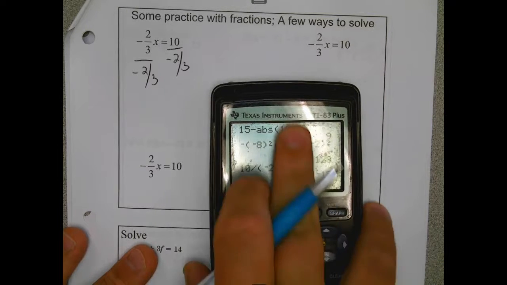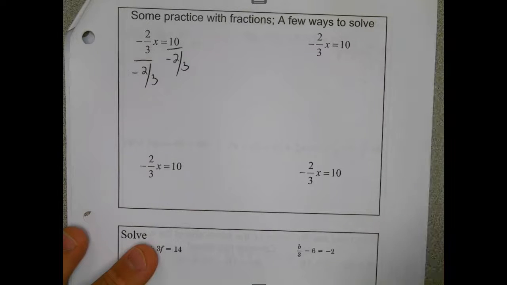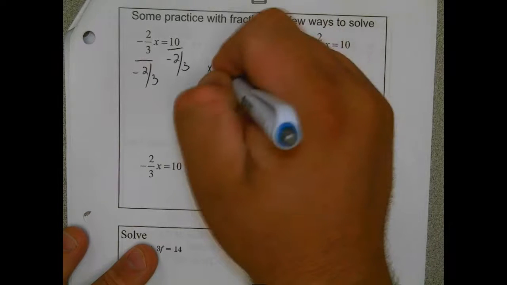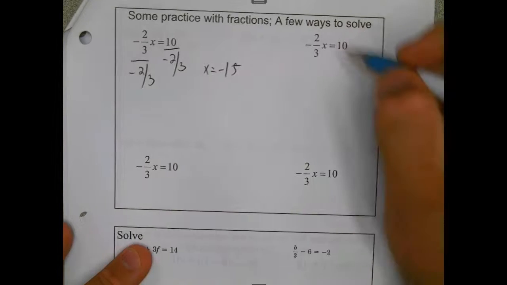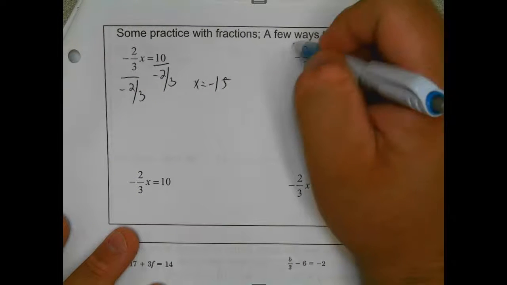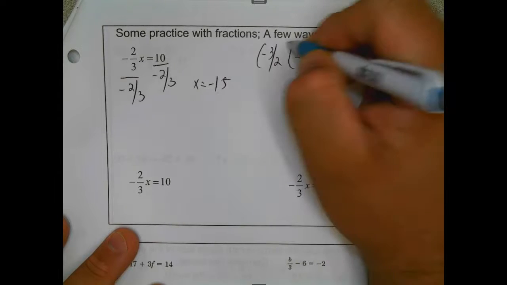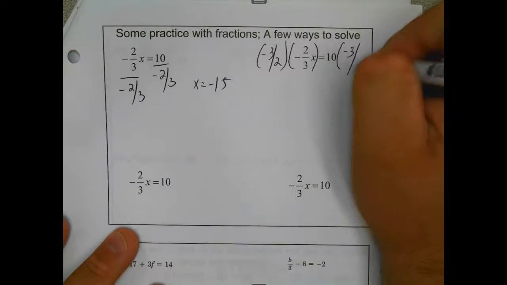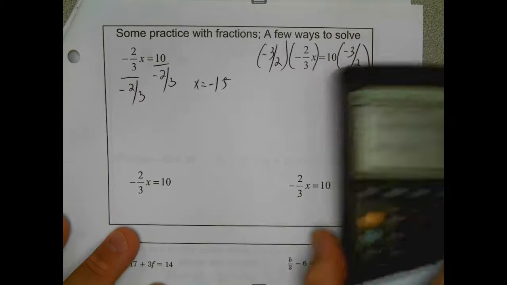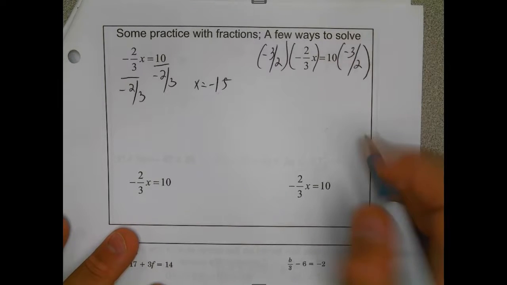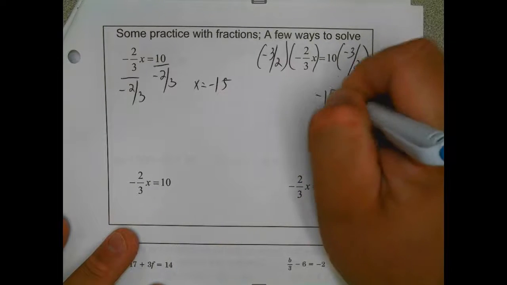It gives me negative 15. You can multiply, but if you multiply, you have to remember that you're multiplying by the reciprocal. And so again, if I do 10 times negative 3 halves, I'm going to end up with negative 15.